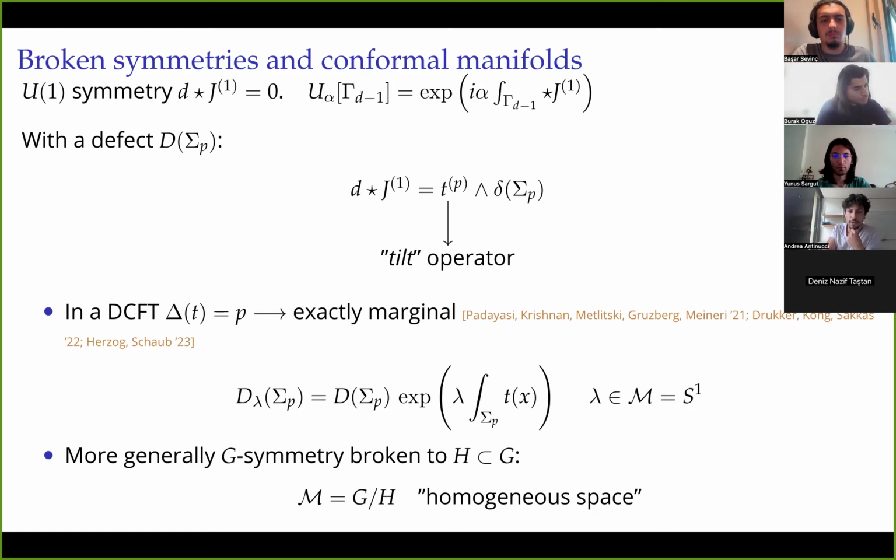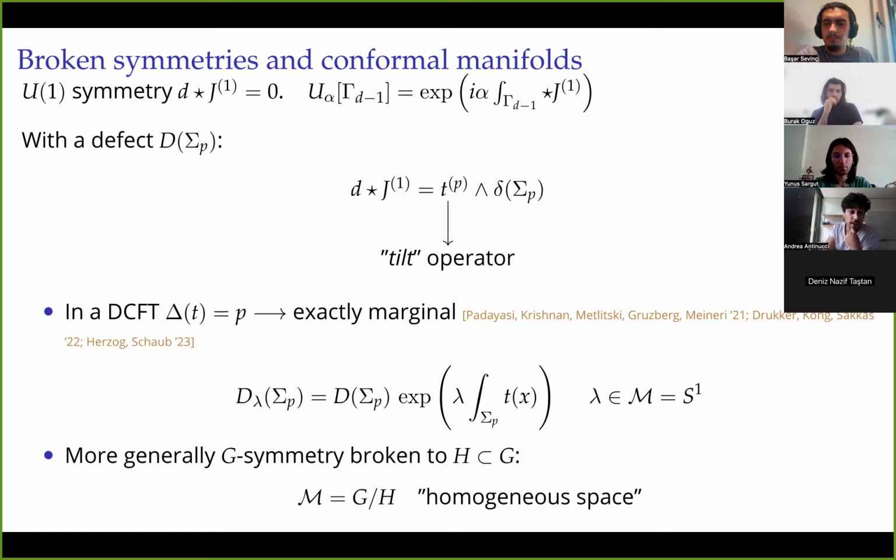So when you deform your defect by adding the tilt operator, the corresponding coupling will not be renormalized and will not acquire anomalous dimension, and it's an exactly dimensionless coupling, and you have a family of defects. On top of this, the manifold that this coupling is spanning is a compact manifold, in this case S1. Actually, it's intuitive, but it's not totally obvious, but nevertheless it's true.